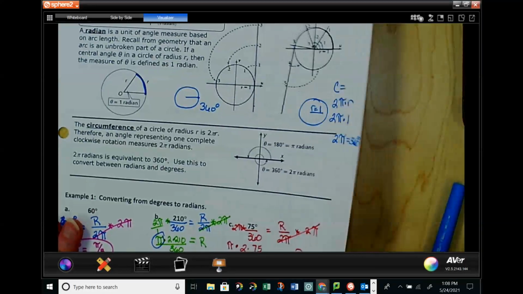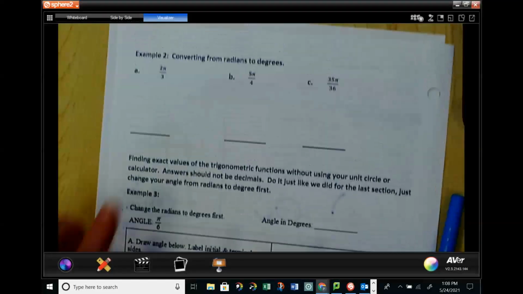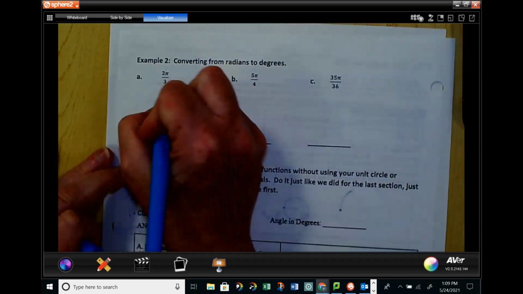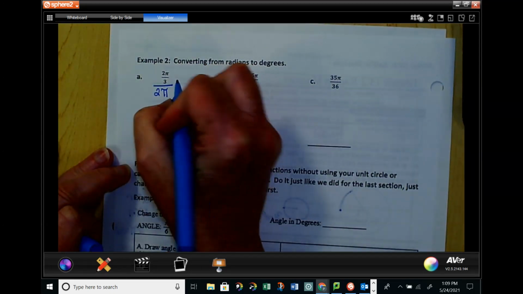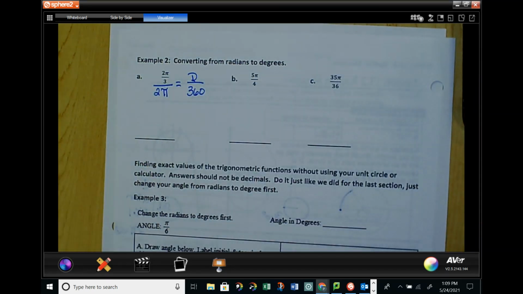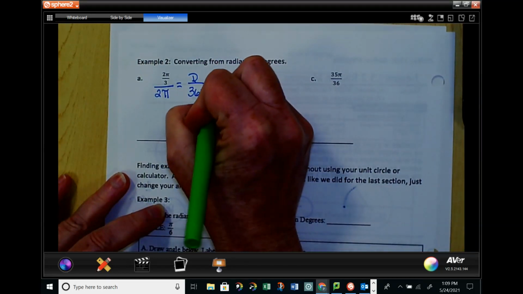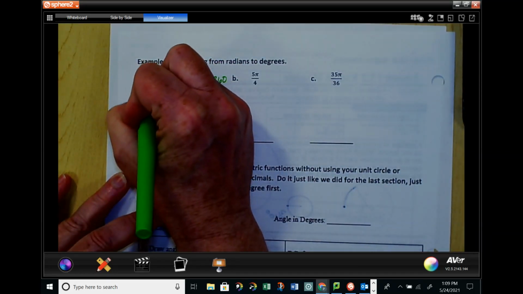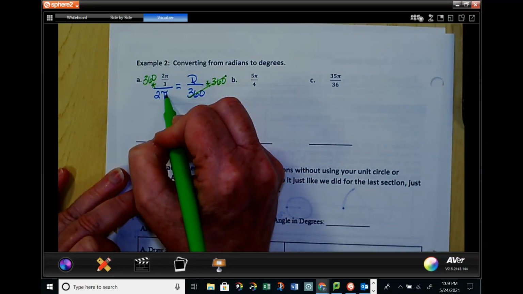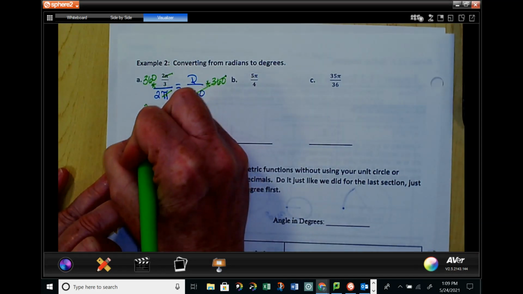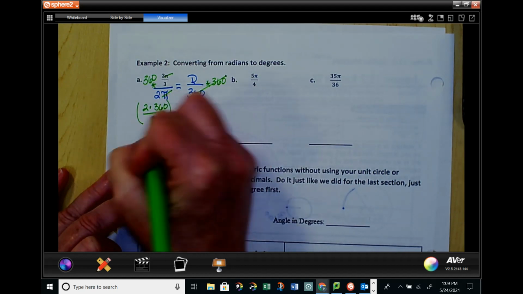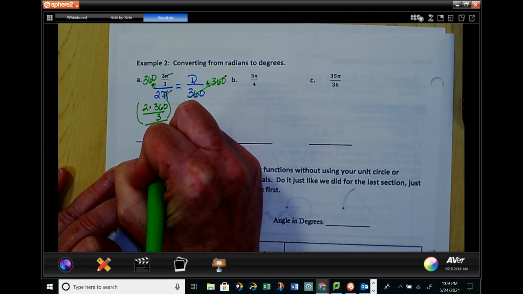Now, the other side is we're going to convert radians to degrees. When you go from radians to degrees, it's still radian over 2 pi equal to degree over 360. So this is still times 360. This cancels out, and pi divided by pi cancels out. So you have 2 times 360 divided by 3, and then divide that whole thing by 2.